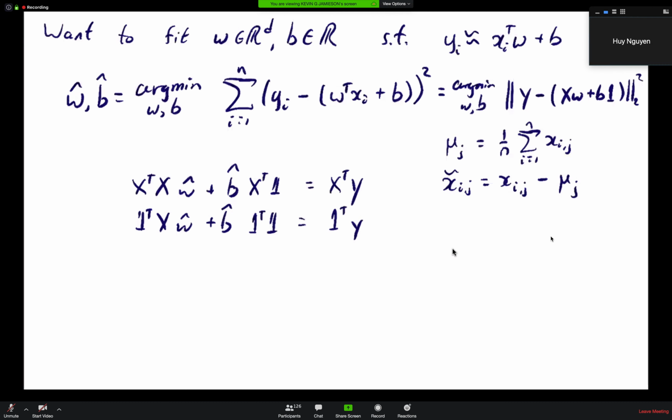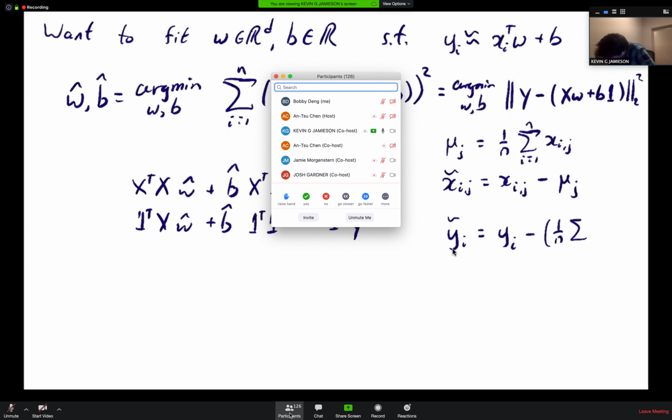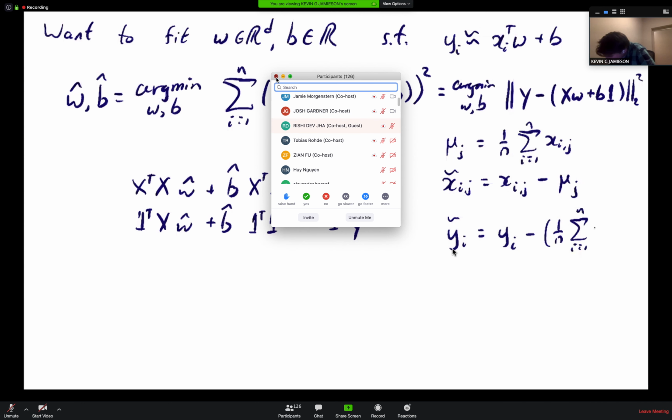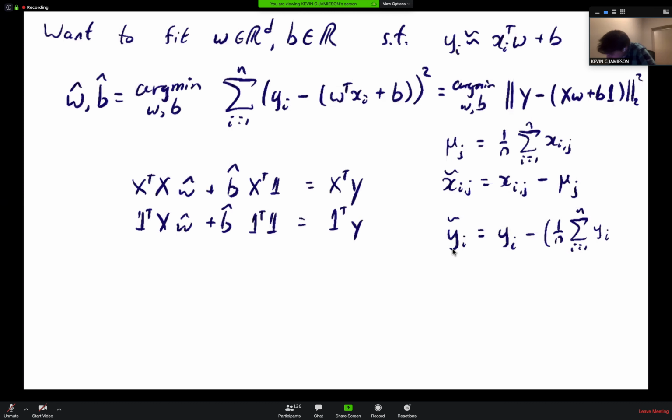So now my xij's are mean 0. I'm also going to define y tilde i as equal to yi minus 1 over n times the sum over k from 1 to n of yk. Now the x tildes and y tildes are both mean 0.